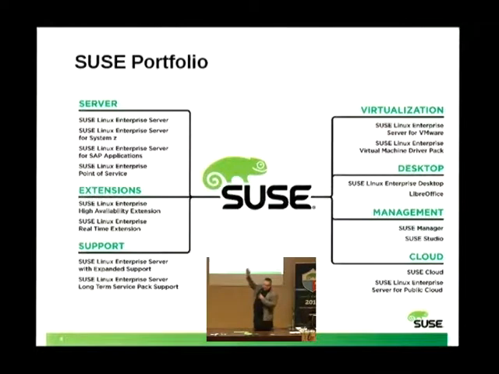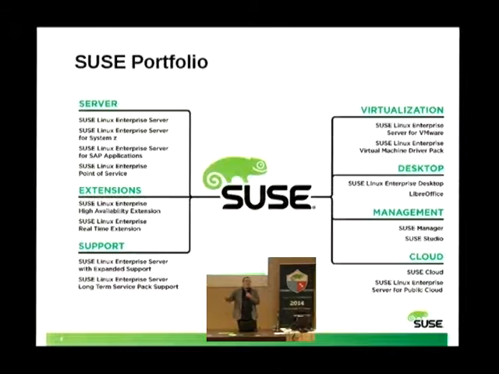We are talking about virtualization, where we have specific products and offerings. We're talking about desktop, where we have specific offerings. We're talking about management, where we have different offerings that do not fall into the SUSE Linux Enterprise family, but are also part of the overall SUSE portfolio and also fall into managing SUSE Linux Enterprise systems. And last but not least, we have the cloud. So also SUSE Linux Enterprise can mean a lot of different things.